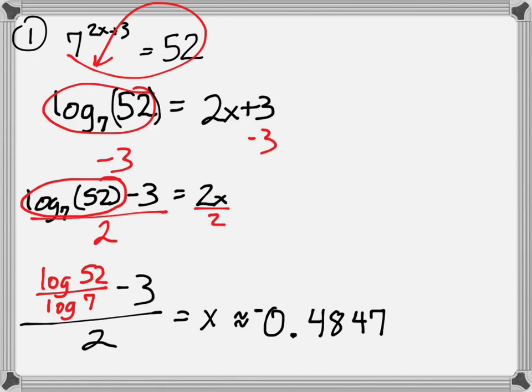And so this is approximately negative 0.5. So 2 times negative half is going to be negative 1, plus 3. I'm not finding out this number is exact, but I'm just doing an approximation to see, does it seem reasonable for that to be the exponent? Yes.